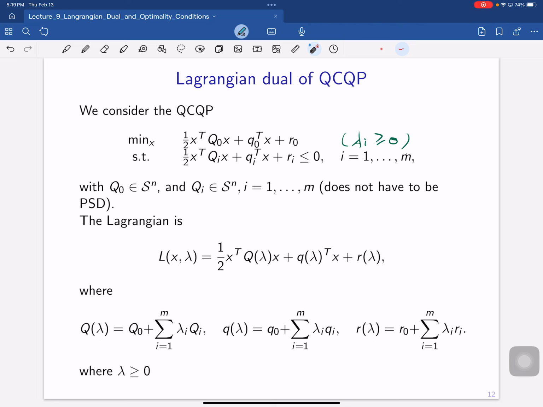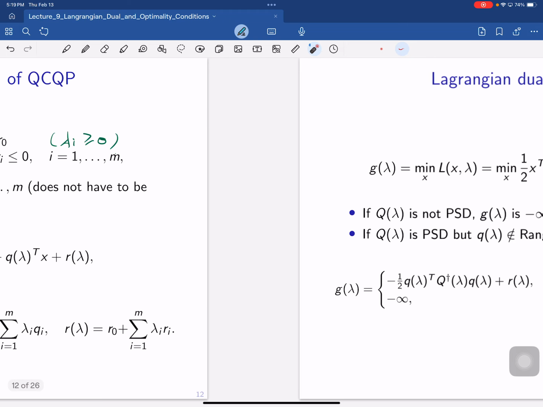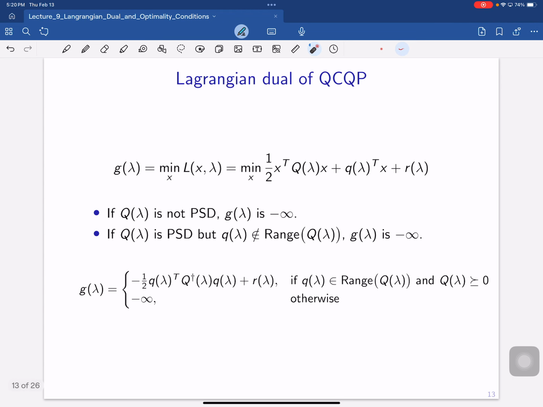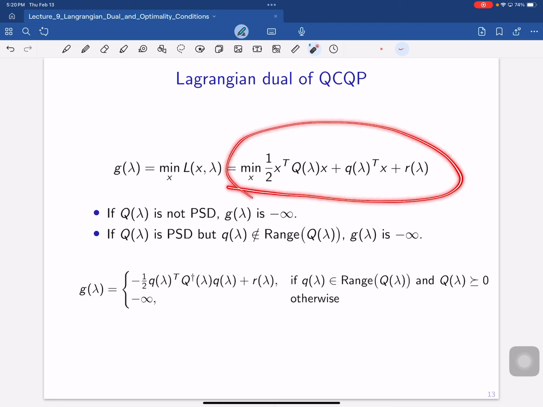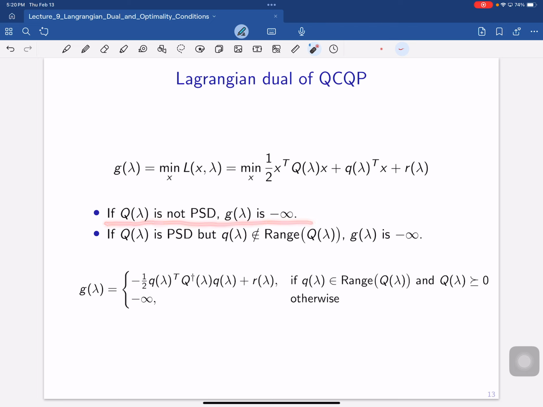If you want to get the dual, then you will be minimizing over x. This is something we've covered before. So g of lambda is minimizing this quadratic function over x. What is this minimization problem? First of all, when Q of lambda is not PSD, it will give you minus infinity. That's what we just discussed.